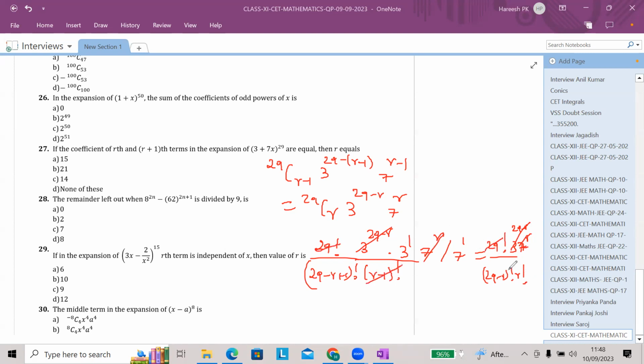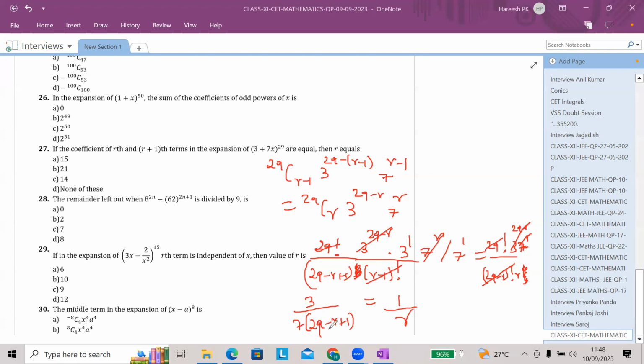R minus 1 factorial gets cancelled. Only r will remain. And 29 minus r factorial will get cancelled, 29 minus r plus 1 alone will remain. So I end up getting 3 by 7 into 29 minus r plus 1 is equal to 1 by r.